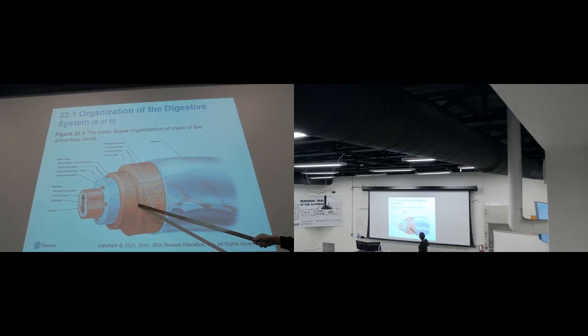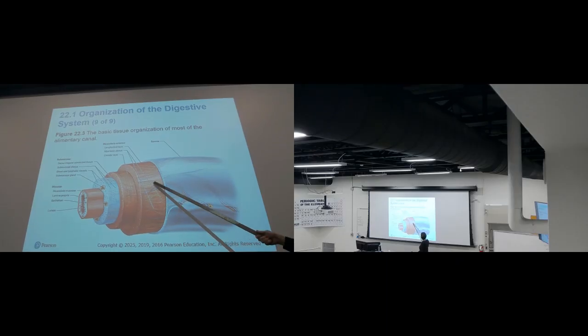In these muscularis layers is where we have the myenteric plexus, or plexus of Auerbach, which is part of the ENS and helps contract these layers. We also have blood vessels and nerves.